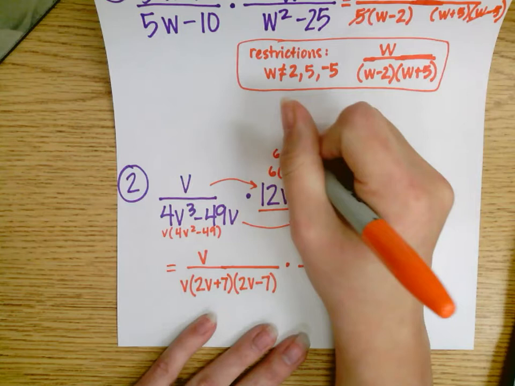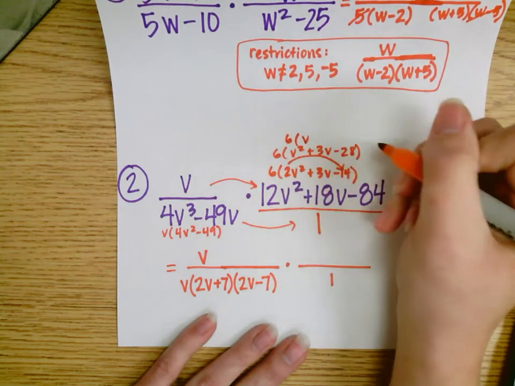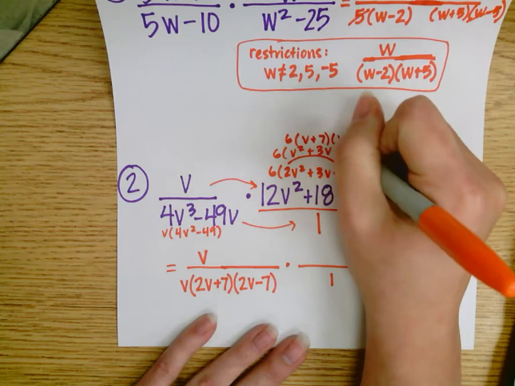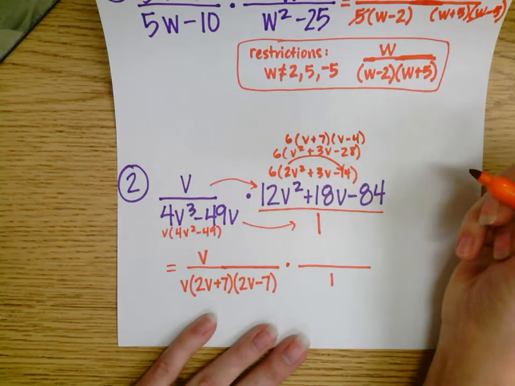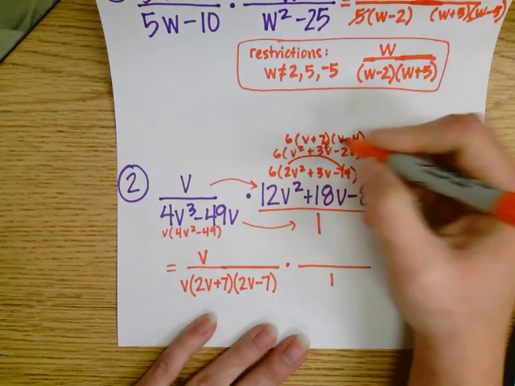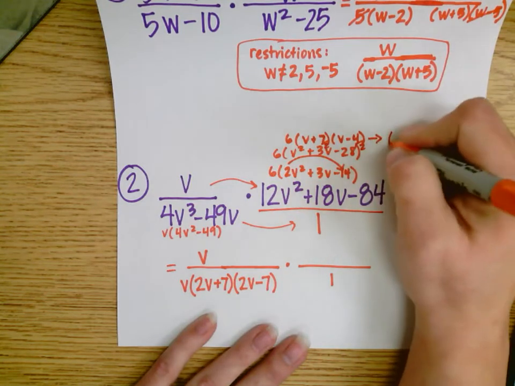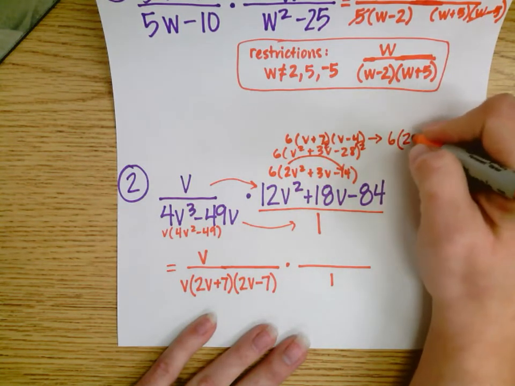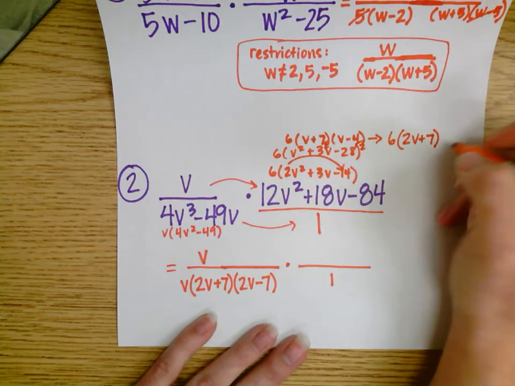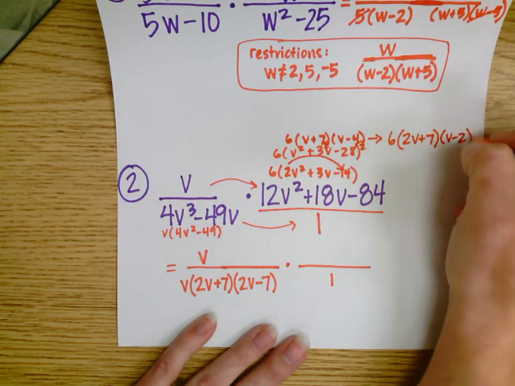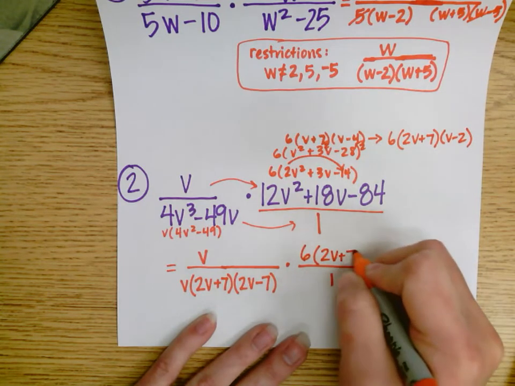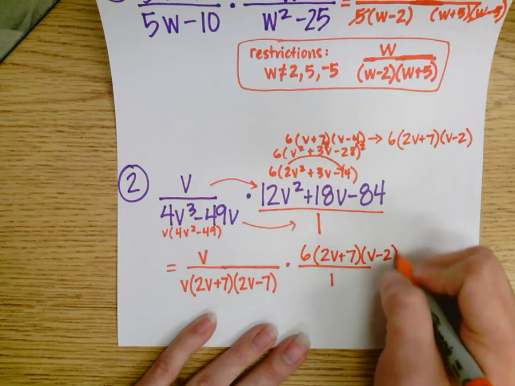That's going to be 6v plus 7, v minus 4. And then I have to go back and divide by 2. I'm running out of room. So 7 halves doesn't reduce, so that's going to be 2v plus 7. And 4 over 2 does reduce, so that's going to be v minus 2. Alright, so I'm going to bring that down here: 6, 2v plus 7, v minus 2.